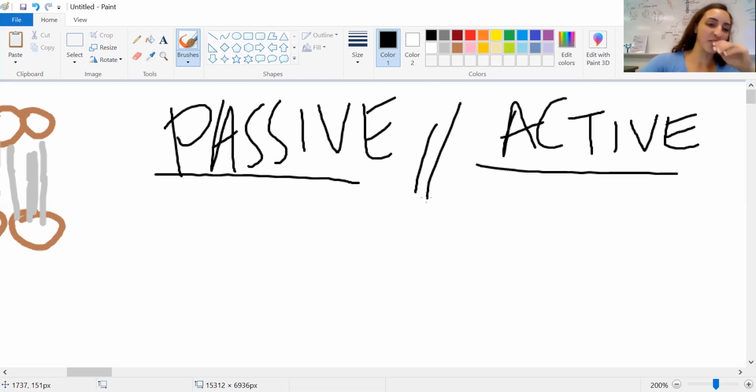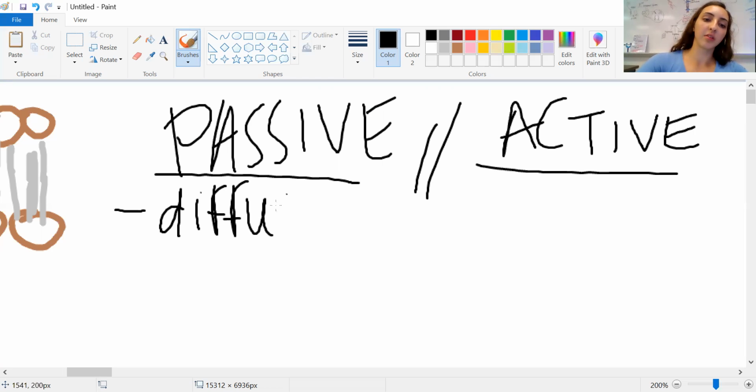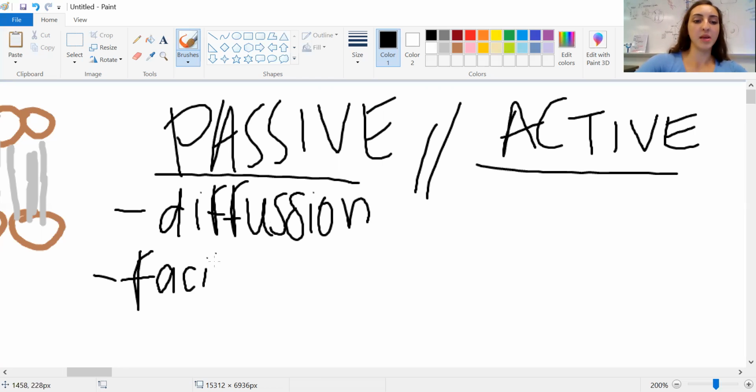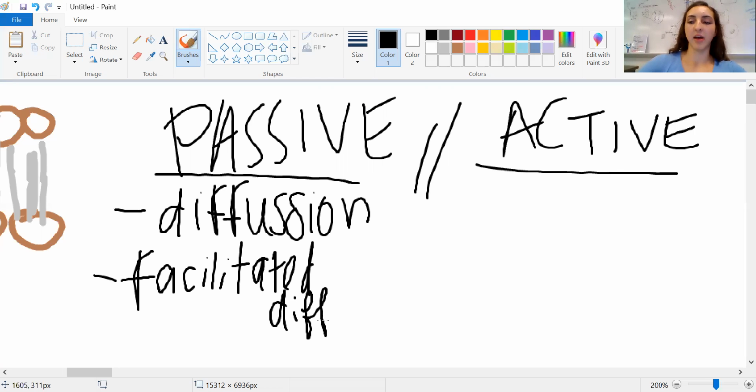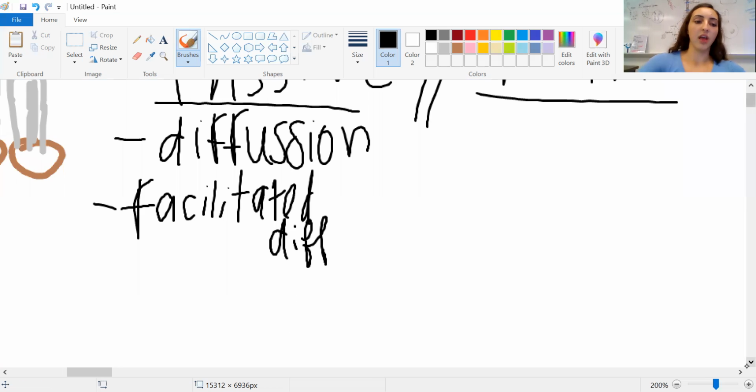We have diffusion. We have facilitated diffusion. So facilitate, remember, it means to help. I'm going to put DIFF, just in short. And then we have osmosis. I'm going to draw this in blue, and we're going to get to that later.